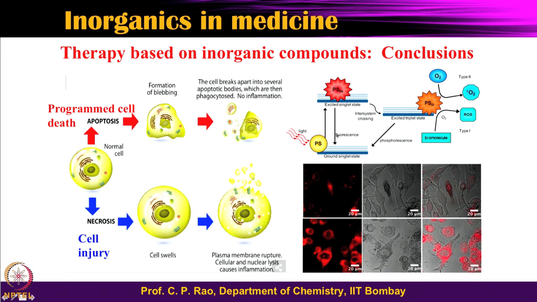So, the principle is that the compound will act as a photosensitizer, and the photosensitizer in its ground electronic state with the ground vibrational state, when you shine light, this species will get excited to the excited electronic state, probably even an excited vibrational state in the excited electronic state too.